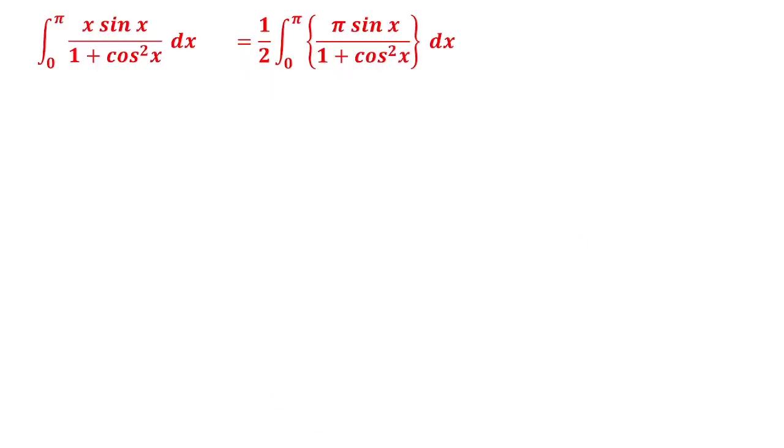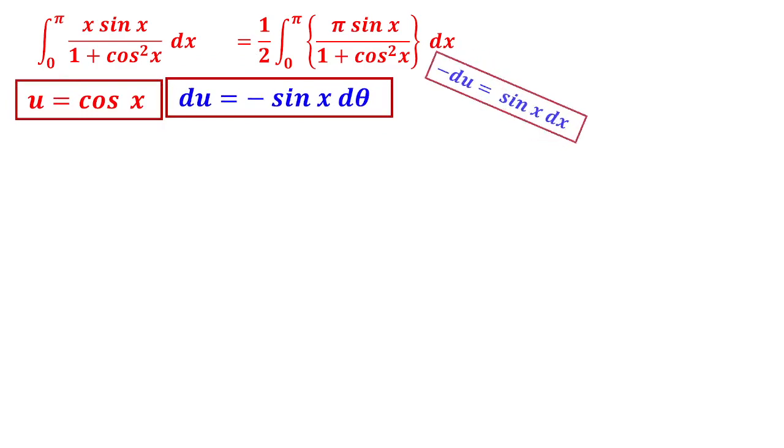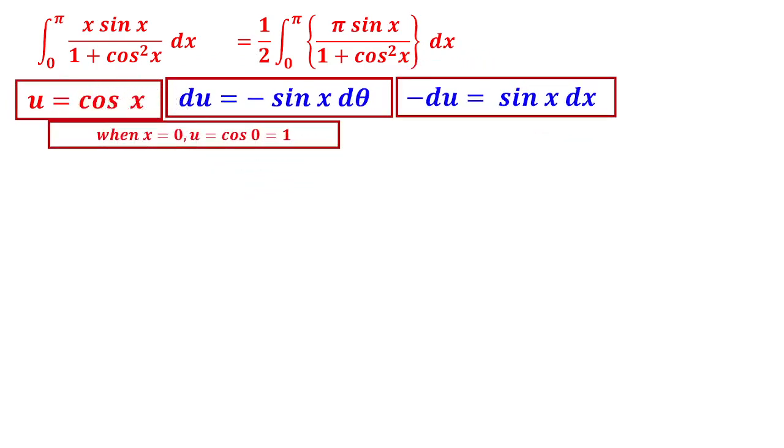Now this problem is a direct problem, which can be done by substitution. What is the substitution? The differentiation of cos x is in the numerator. Therefore, I take u equal to cos x, du is minus sin x, and I replace them. Now you can convert the limits also based on the substitution.